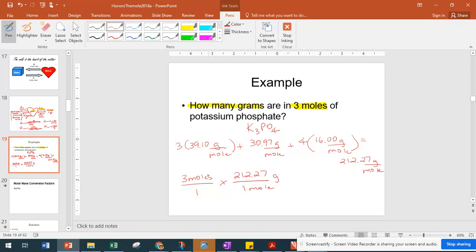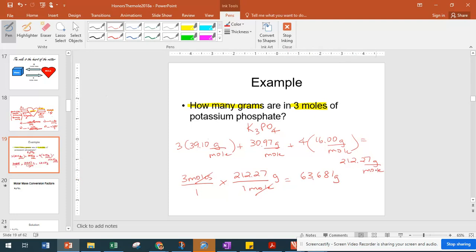You notice here that the moles cancel out, and we're left with grams. So this is our conversion factor, just like in the first chapter. We do 3 times 212.27, which gives us 63.681 grams.